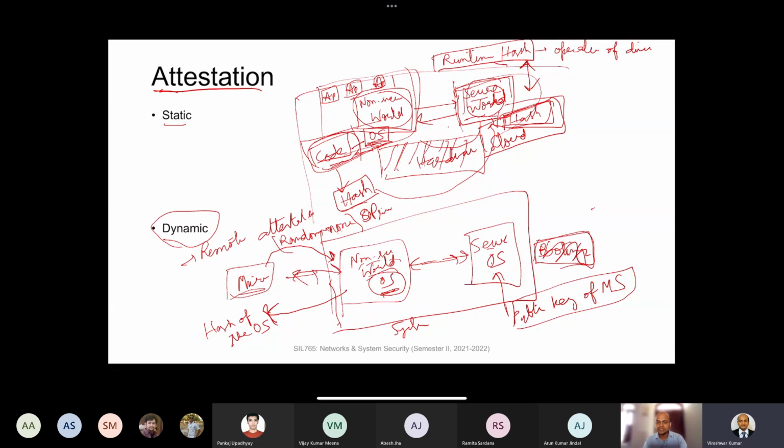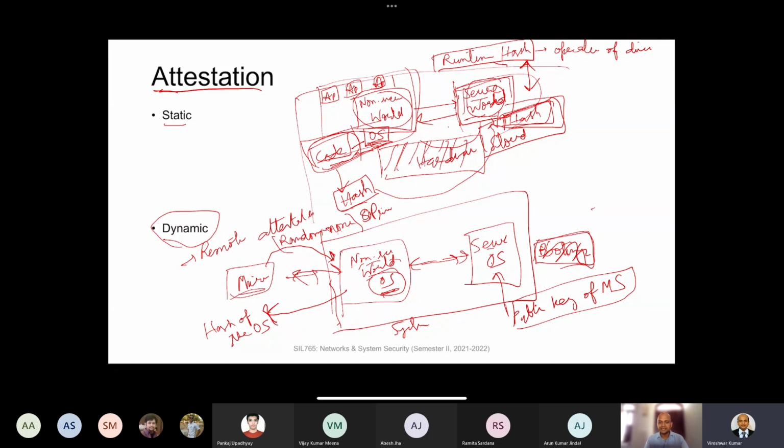Once the request is verified, the secure world will read the OS code and concatenate this random nonce to it. A small 128-bit nonce is sufficient, and a hash value will be generated.